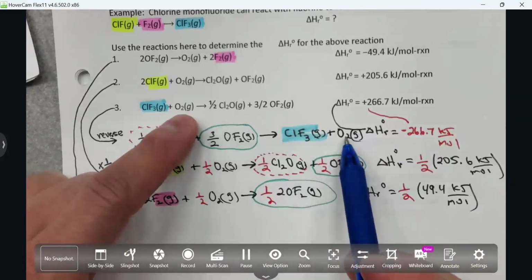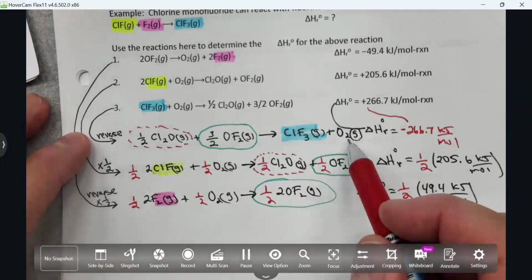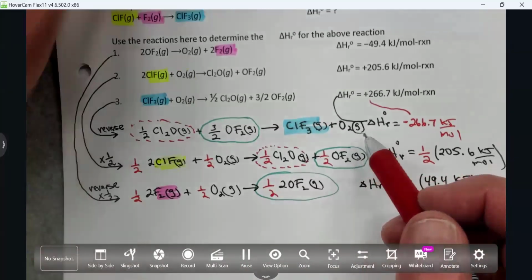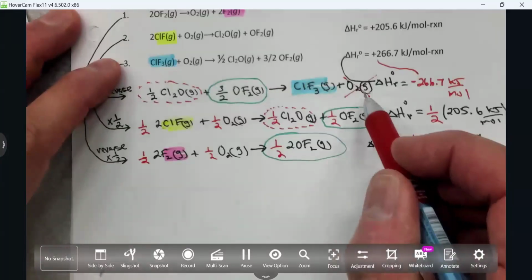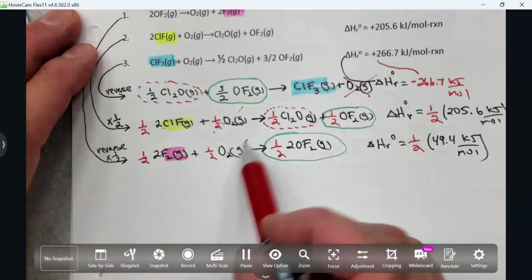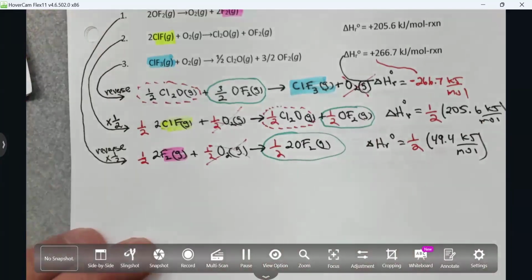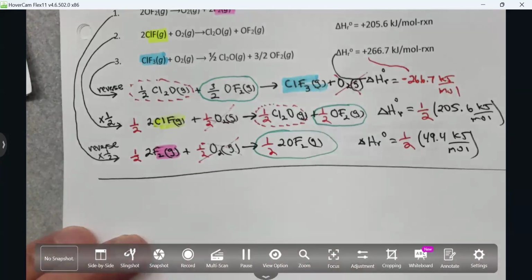That O2 that I now put in there is a full O2, and it's going to cancel out with a half O2 and the other half O2. And we should have it.